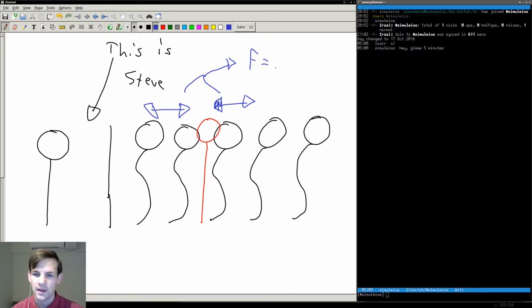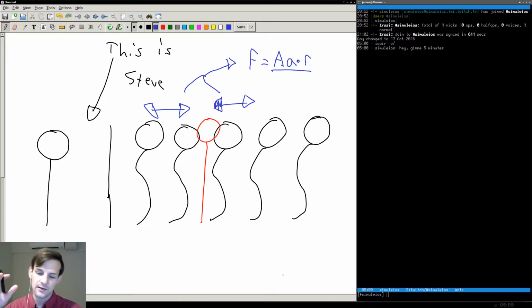So we'll say a force of attraction of him, so how attractive he is. A force of attraction from everyone else, how much they want to be accepted. And then times some random variable r, where r is going to be how far away you are from Steve. So in some sense, this makes a good amount of sense.